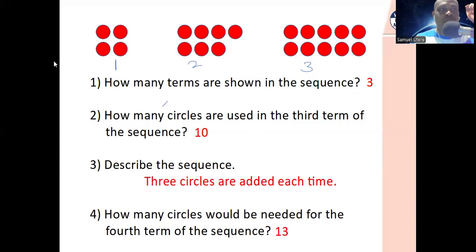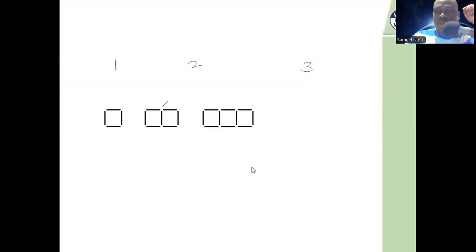Okay, let's do some learning. Here you can clearly see that we have the numbers 4, 7, and 10. Now, if I ask you, what is going on here with the sequence?